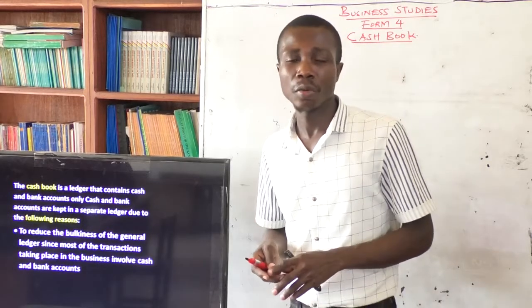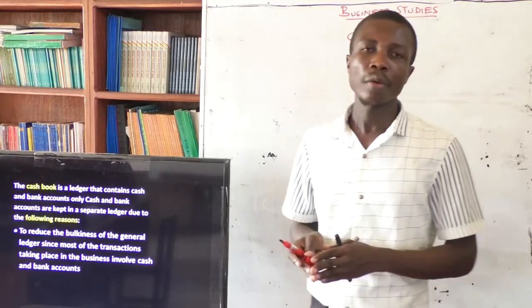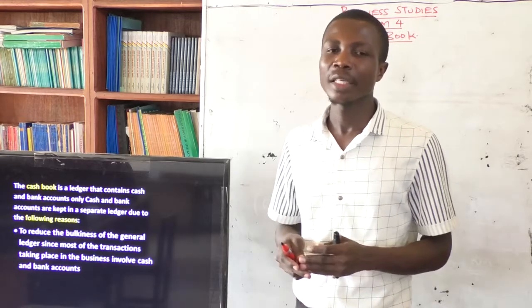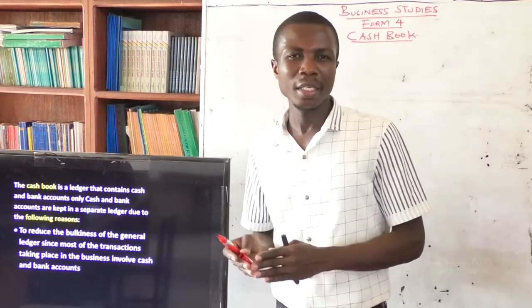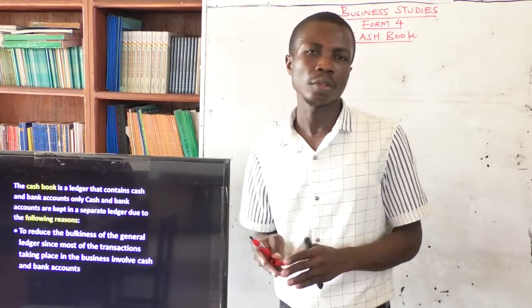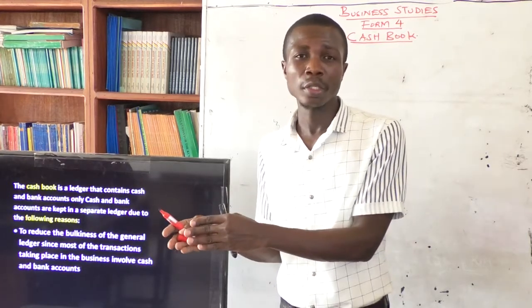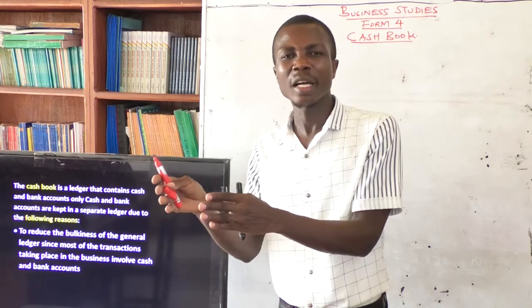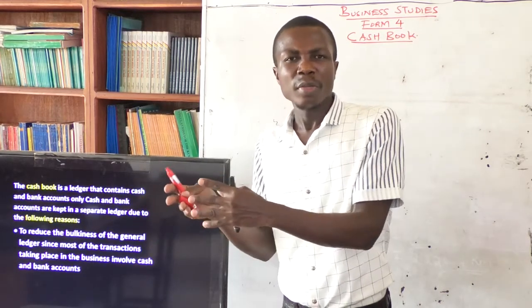One is to reduce the bulkiness of the general ledger. I hope you understand what a ledger is. When I say bulkiness, there's always a lot of information when you are opening ledger accounts. Imagine all of the ledger accounts being prepared.